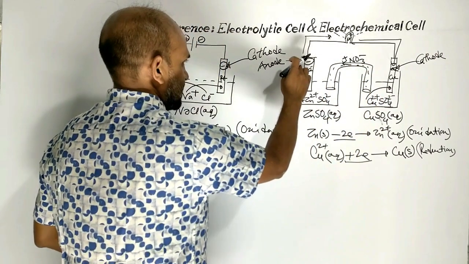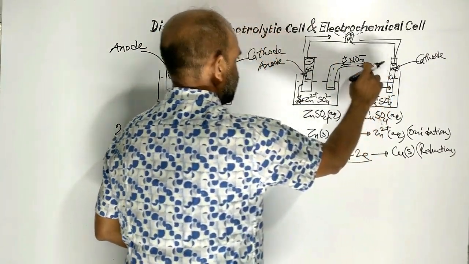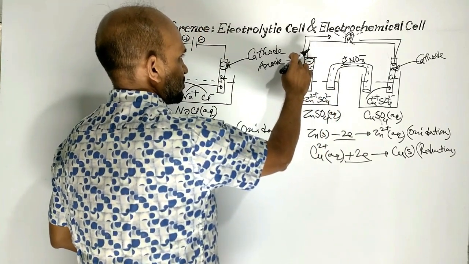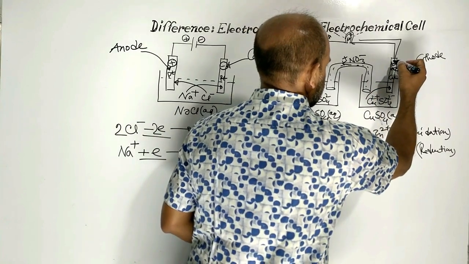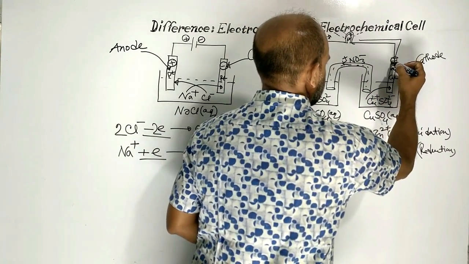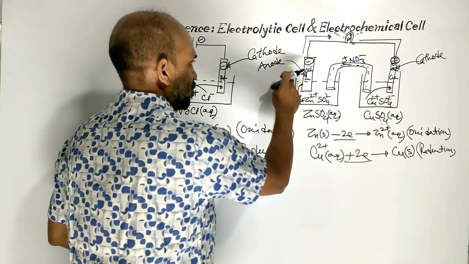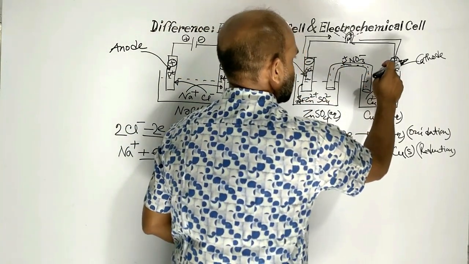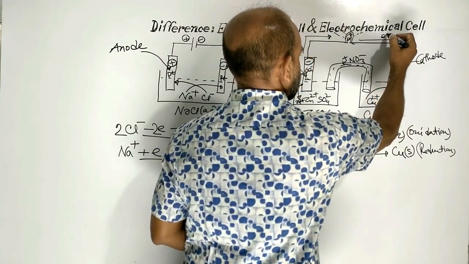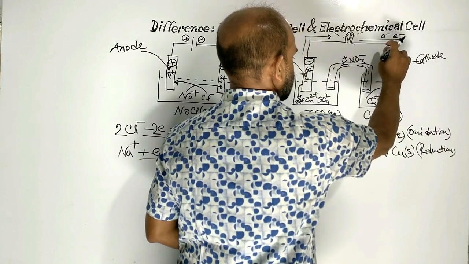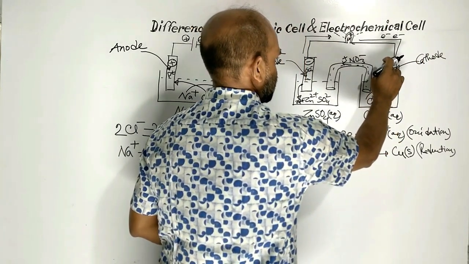As electrons, negatively charged particles, are flowing to this bar, it is symbolized by a positive sign.